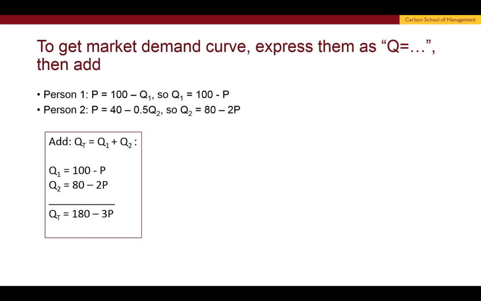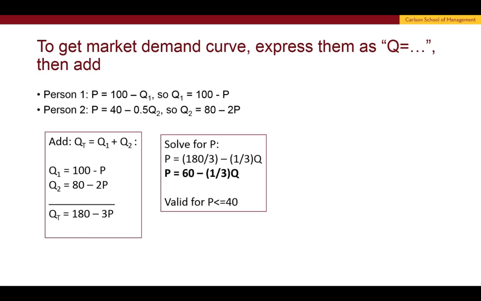Anyways, that's an expression then for the market demand curve with just these 2 people. We're not quite done because we generally like to express it as P equals. So if we solve for P over here, we divide through by 3, and do a little flipping around, we get P equals 180 over 3 minus 1/3 times Q, or a little bit simplified, P equals 60 minus 1/3 Q.